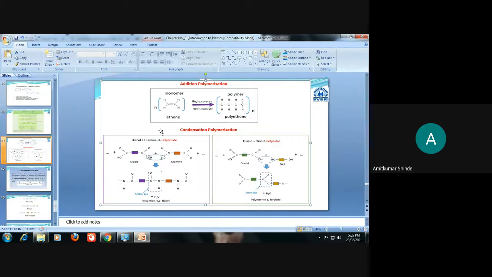And then the example of condensation polymerization. Please note this down. I will wait for one or two minutes here.